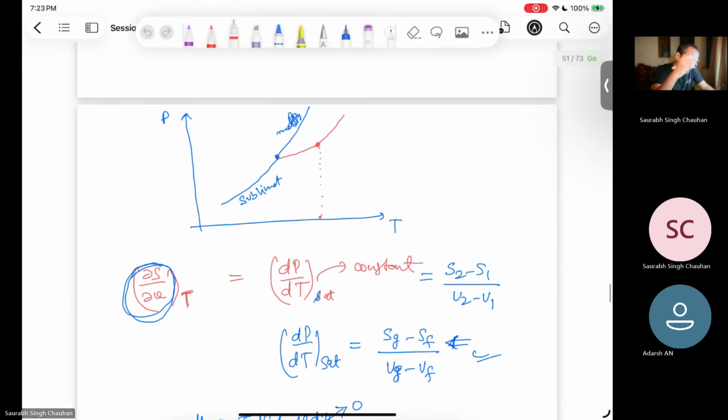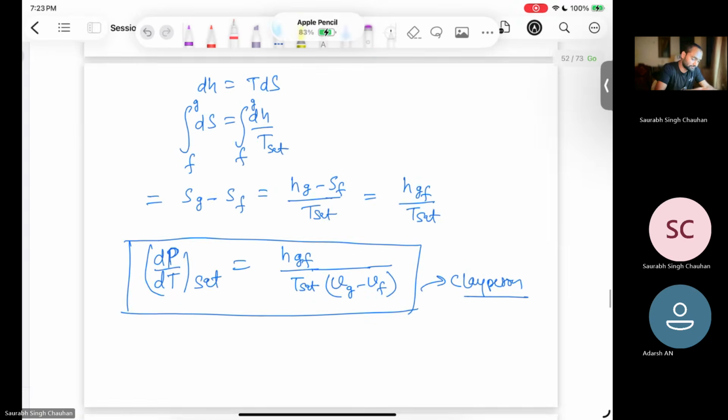I think if you see the diagrams of those specific volumes, then it will become clear. If you remember how specific volume changes with respect to temperature, you will see that they are almost constant. Maybe I can show you those diagrams.